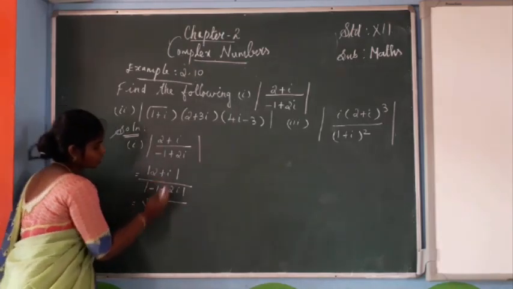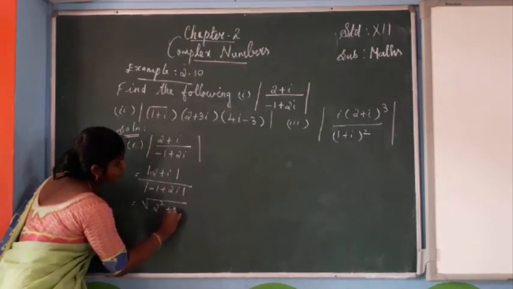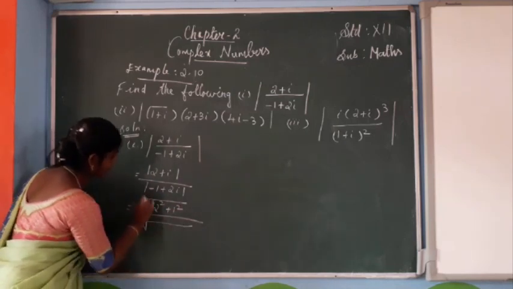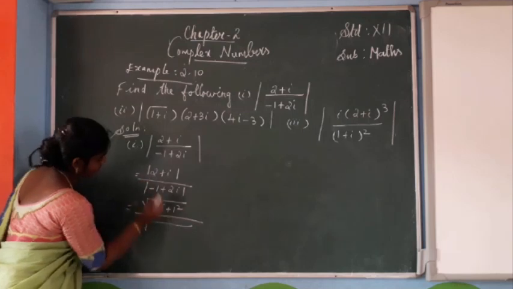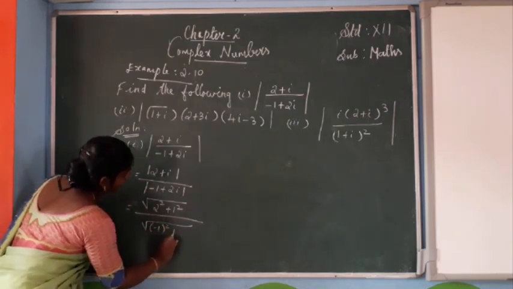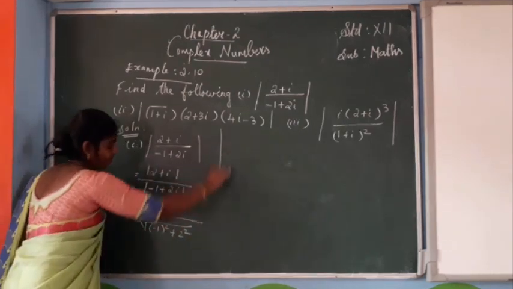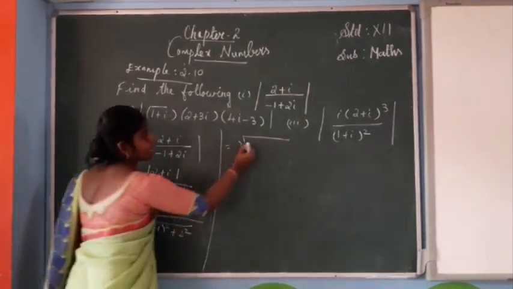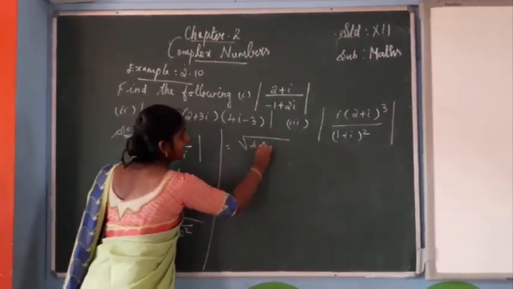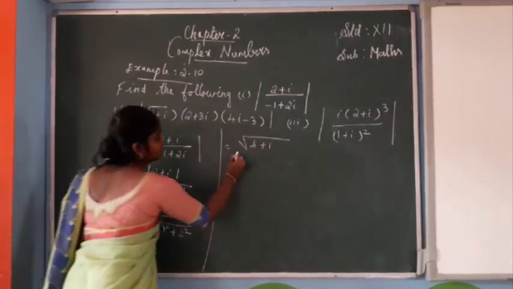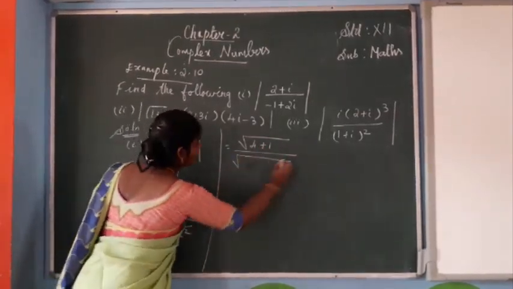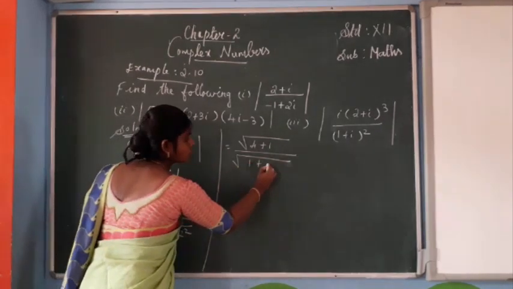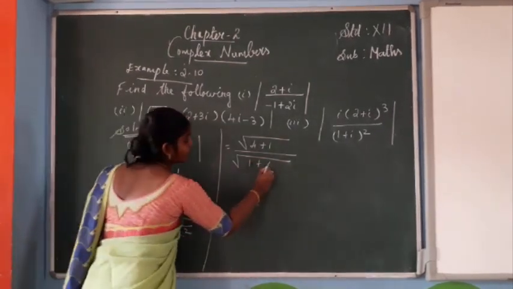So root of 2 square plus 1 square divided by root of minus 1 square plus 2 square. Root of 2 square value is 4 plus 1 square value 1, divided by root of minus 1 the whole square, that is 1, plus 2 square value is 4.